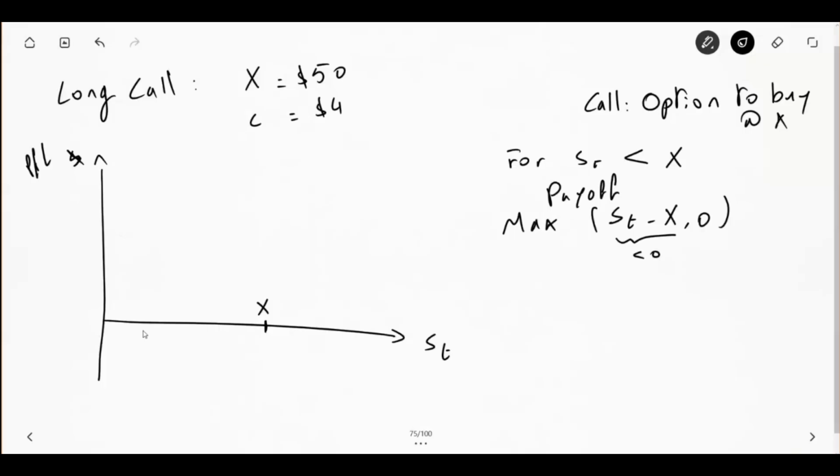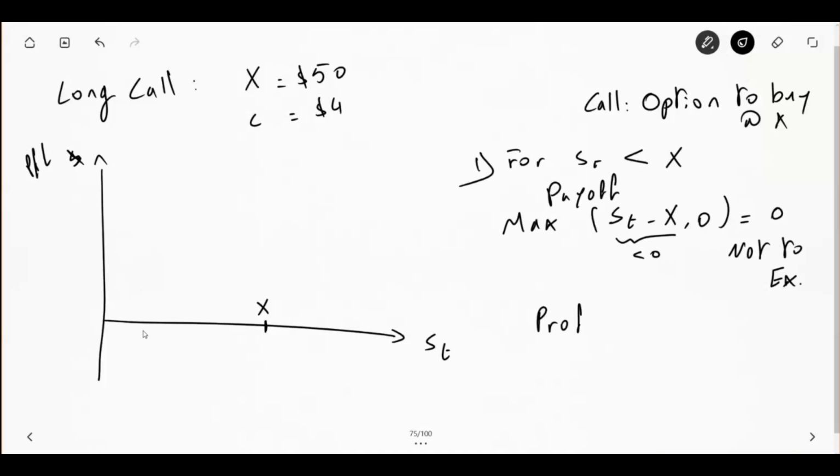In this case, the holder will choose not to exercise. So for any price ST less than X, the holder will choose not to exercise. The payoff is going to be 0.